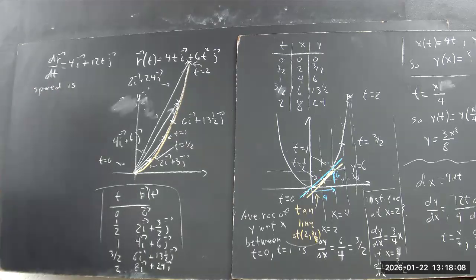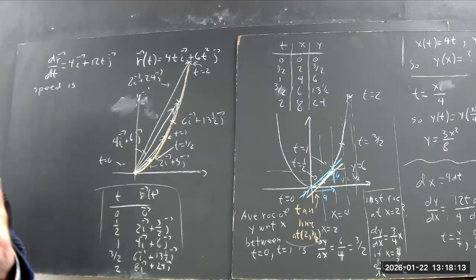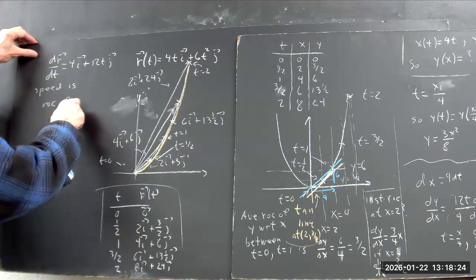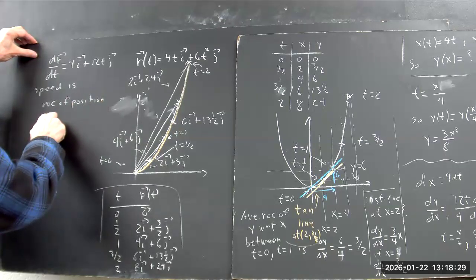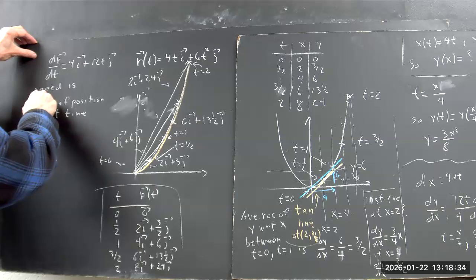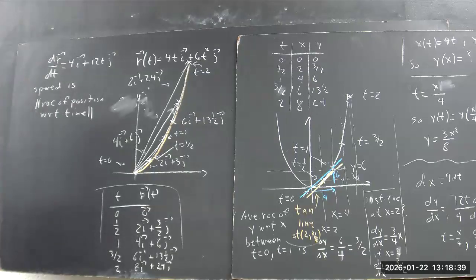Okay, well anyhow, speed is what? You got the vector position. How is speed related to position? It's the rate of change of position with respect to time, right? So speed is, but it's not the rate of change. It's the absolute value of the rate of change because speed doesn't have a direction. It's the magnitude of the rate of change.